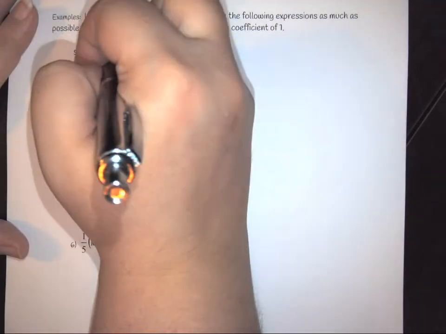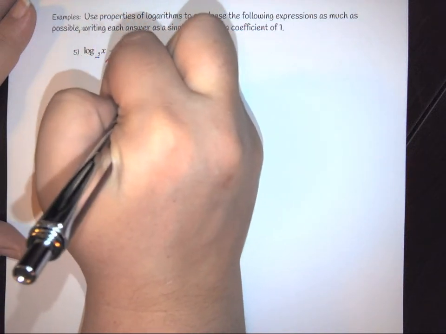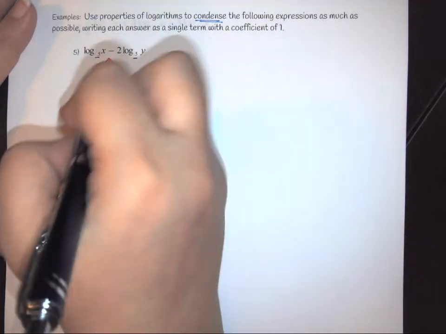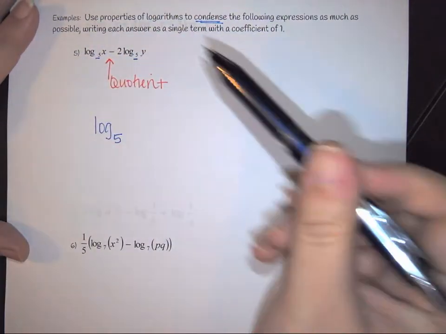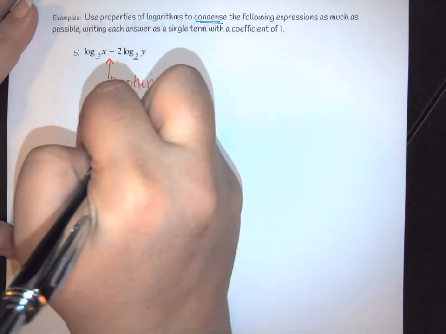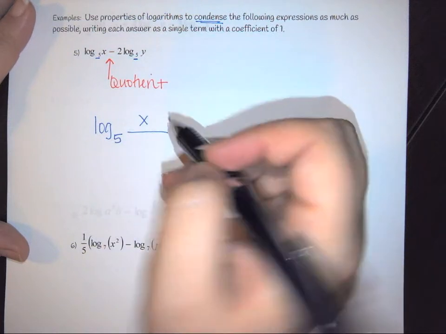And so here, because I have subtraction, this is going to apply my quotient rule. So the quotient rule says I'm going to have the log base 5. The first term is my numerator, so this is x. Then I'm dividing it by the second term.